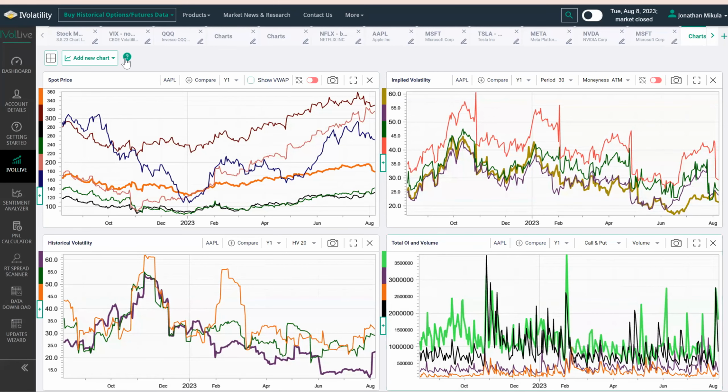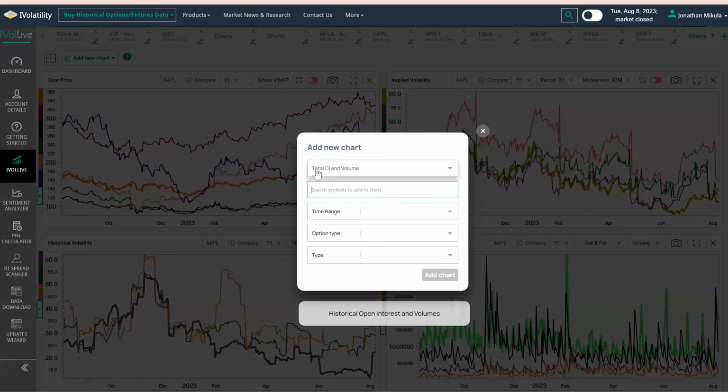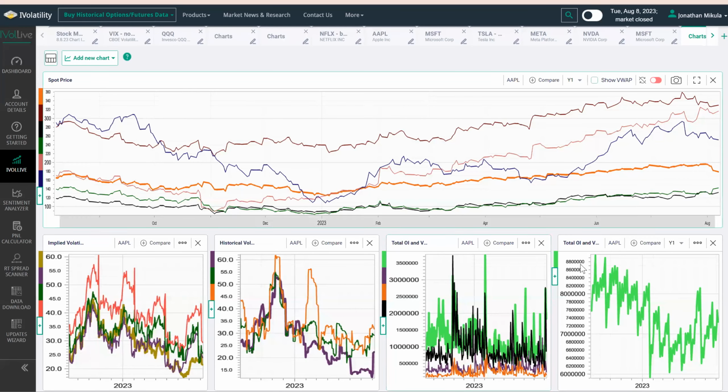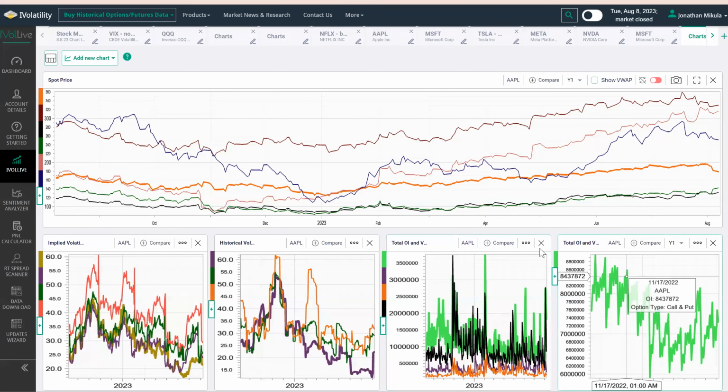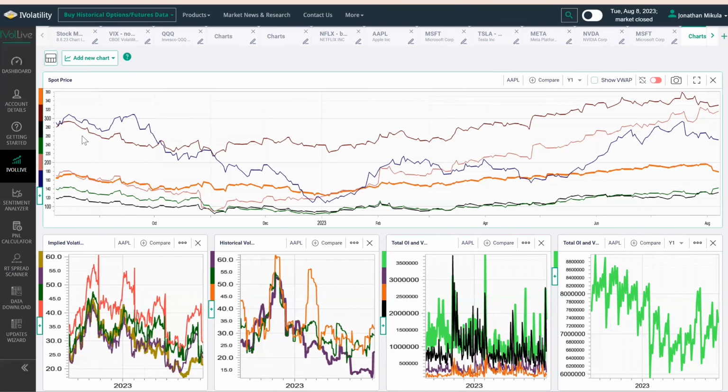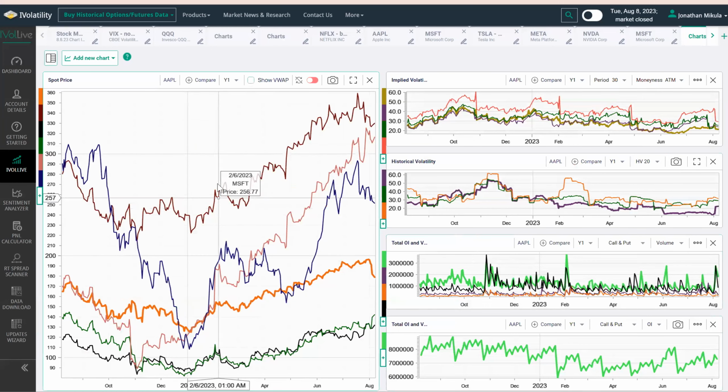You could just add that, or what you could do is you could come here and you could add total open interest and volume, but instead of volume, we could say, all right, we want to look at 1 year call and put, and we only want to look at open interest for Apple, right? And now we have that chart here. And then we can change the view just in case it gets a little wonky. We could come here on spot, so we see our spot price relationship, and then we see our implied vol, historical volatility. We have our volume, and then we have our open interest.